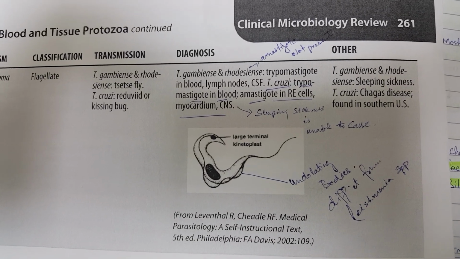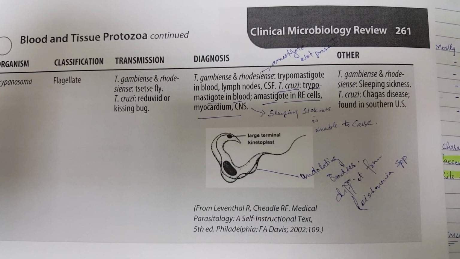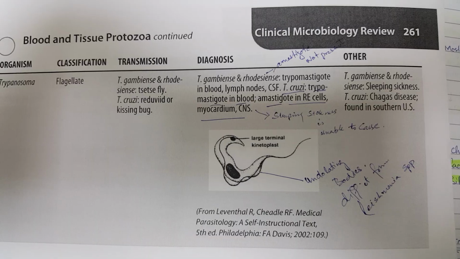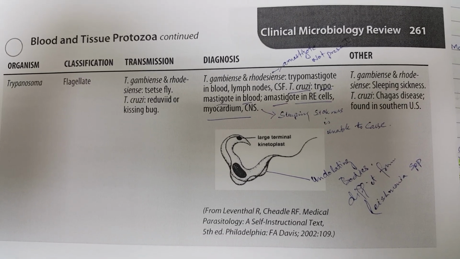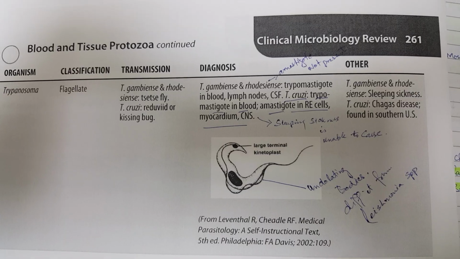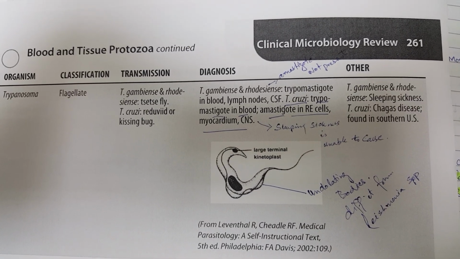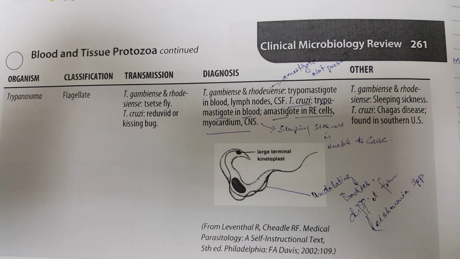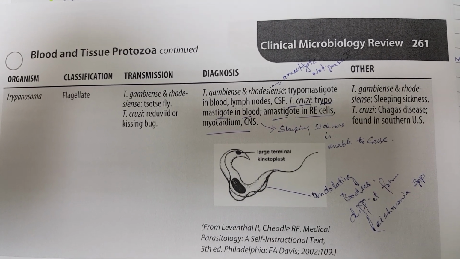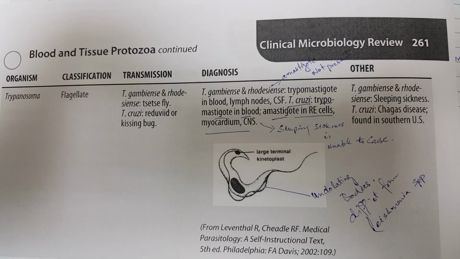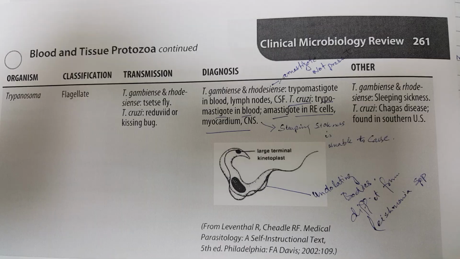If you see the picture of trypanosoma, sleeping sickness, which is caused by gambiense or rhodesiense, shows the trypomastigote form, and the amastigote form is not present, while in T. cruzi Chagas disease the amastigote form is present, in the reticular endothelial system, myocardium, and central nervous system.